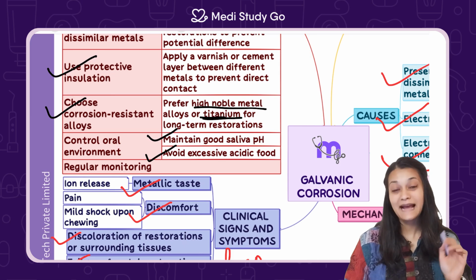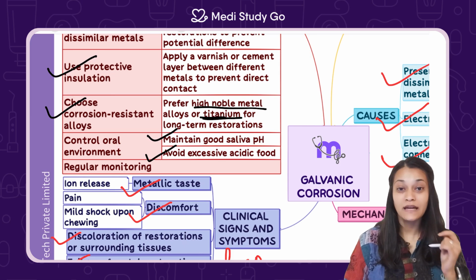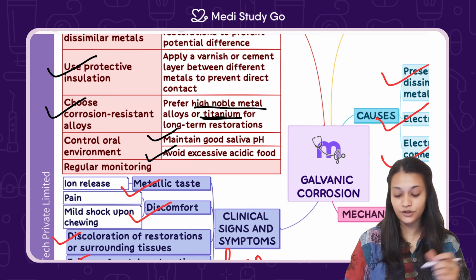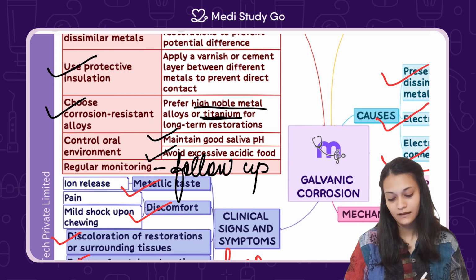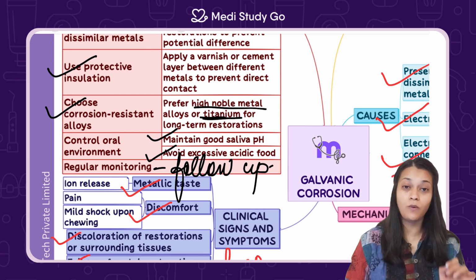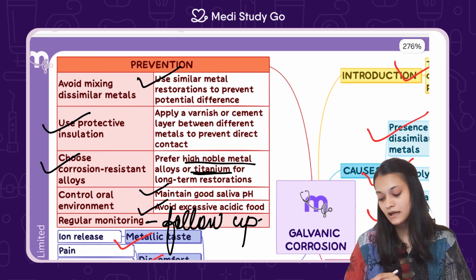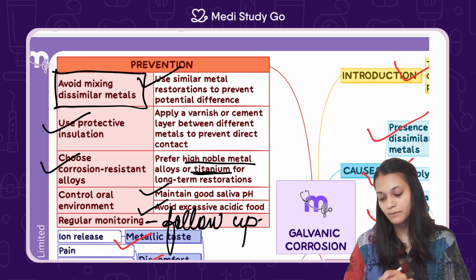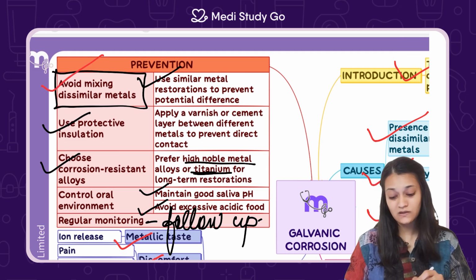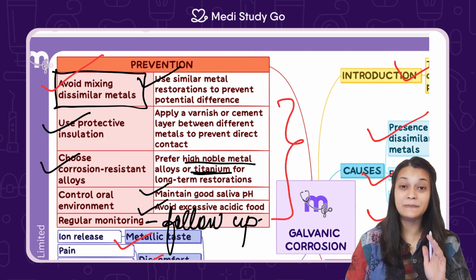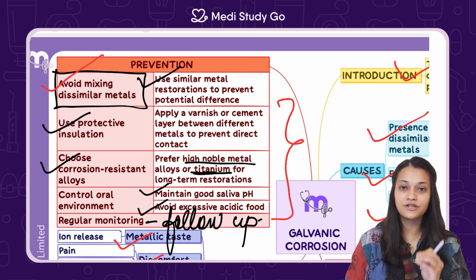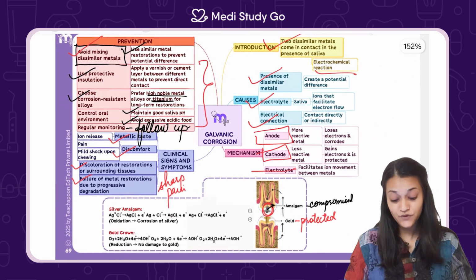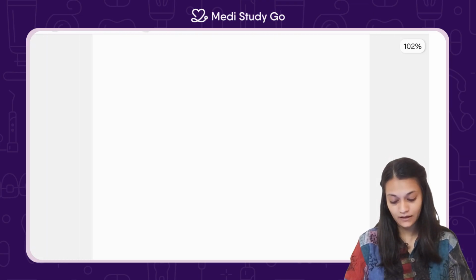Avoid excessive acidic food in which your pH does not convert into more acidic format, and there has to be routine follow-ups to keep up with it. The best thing to avoid galvanic corrosion would be to avoid dissimilar metal, because all the other methods will be momentarily, temporarily effective. On longer duration, none of this works. So this was about your galvanic corrosion.